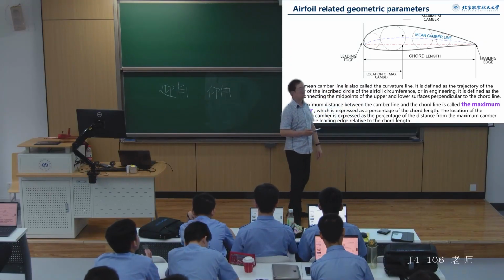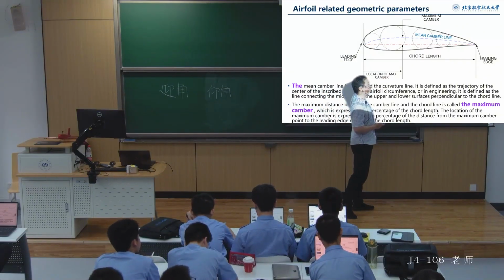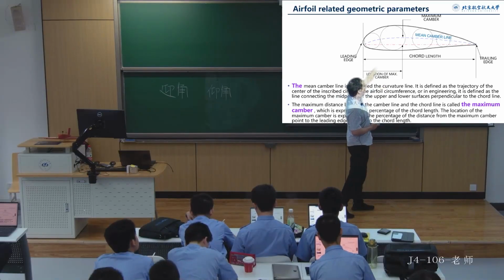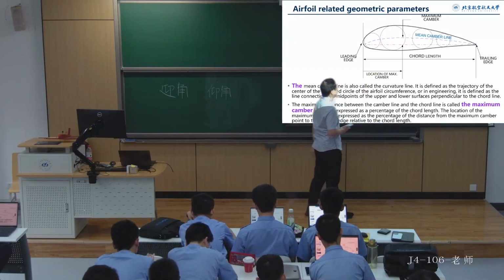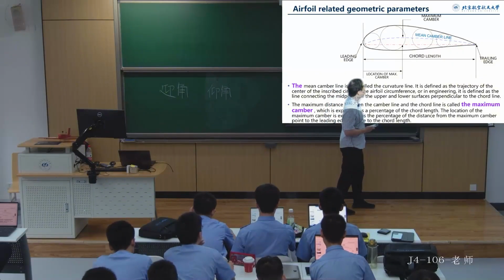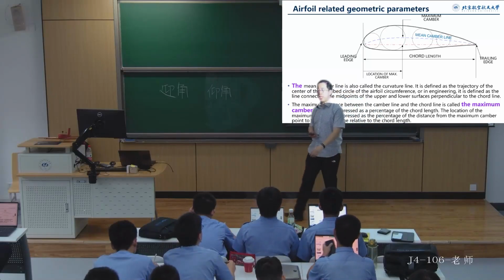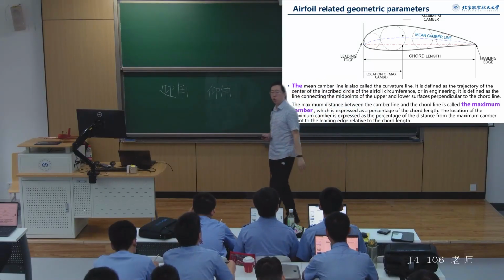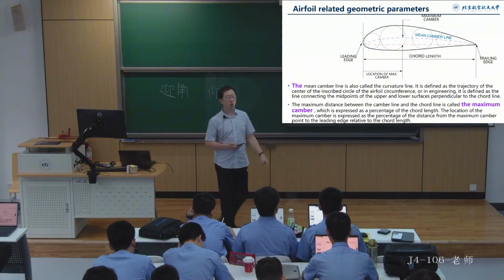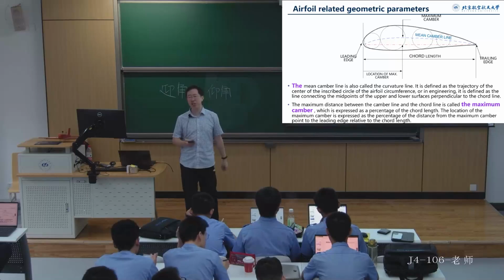Additionally, the maximum camber has a specific position along the chord line, which we refer to as the location of maximum camber. We also use the length at this position to define it. By dividing by the entire chord length, we obtain a relative percentage value. This is the definition of maximum camber, relative camber, and the location of maximum camber.